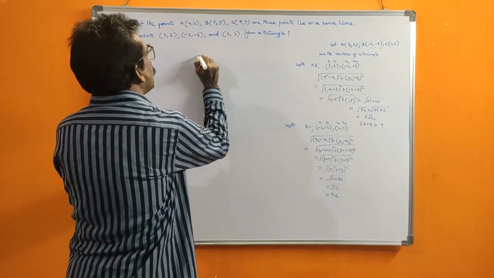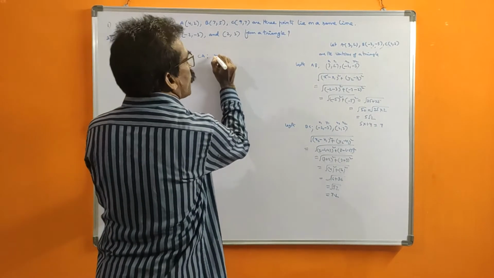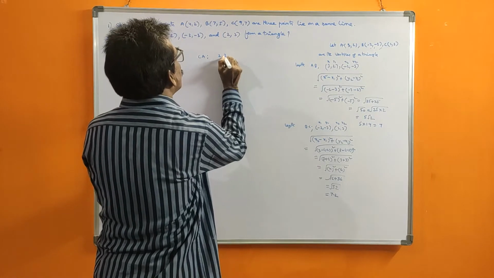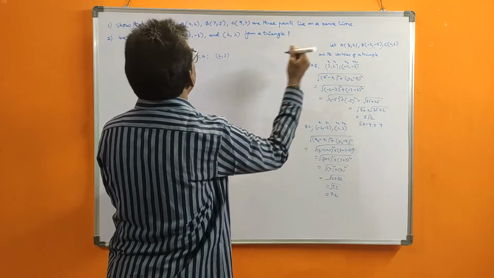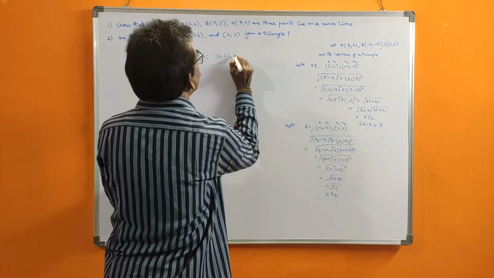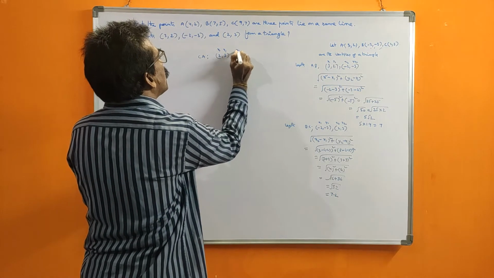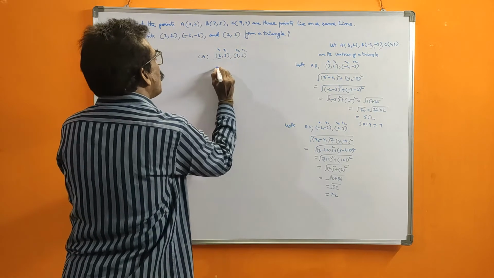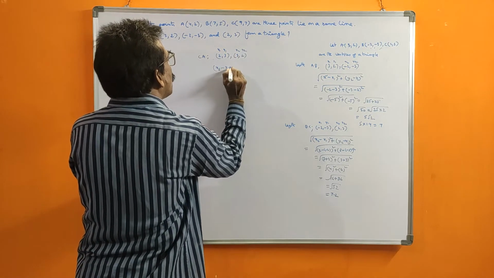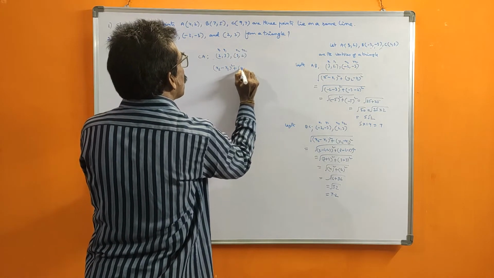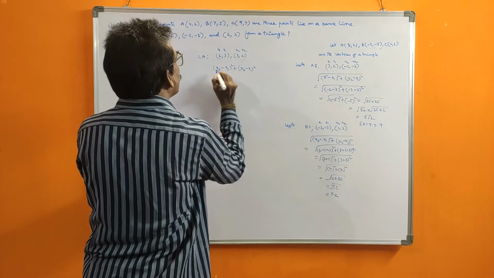Now calculate the third side, AB, BC, CA. Come on. Now take the points for CA. C is 2, 3. A is 3, 2. This is x1, y1, x2, y2. So the square root of (x2 minus x1) whole square plus (y2 minus y1) whole square.